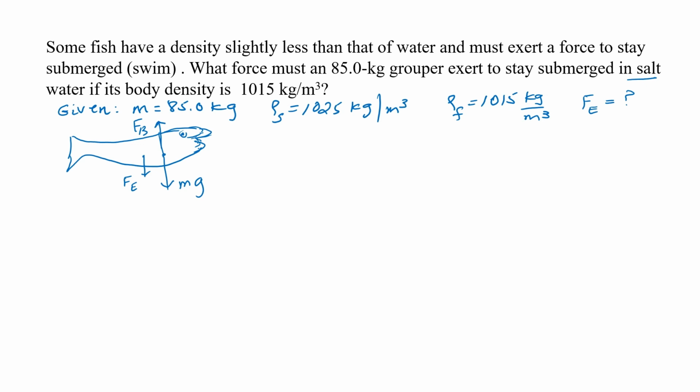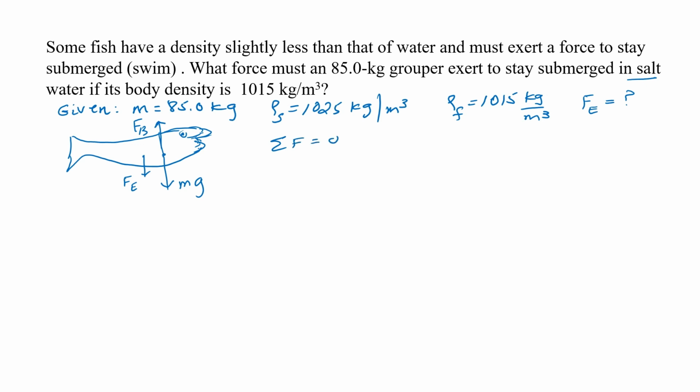Alright, so now we know that the summation of all forces must be equal to 0 to stay submerged at a certain depth. Or the net force must be equal to 0.